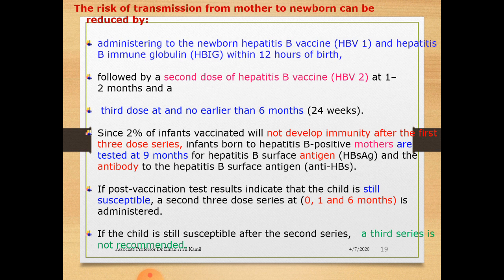If the baby is still susceptible after the first 3 doses, we are going to give a second series of the vaccine, which is also composed of 3 doses: first dose, then 1 month after the first dose, then the other one after 6 months.